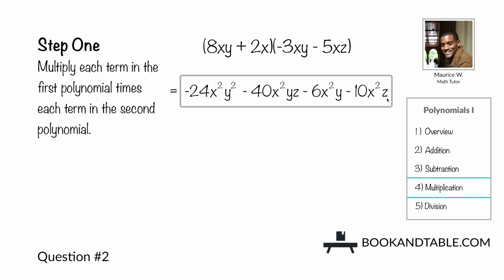And since none of these are like terms, and it's already in standard form, degree of 3, degree of 3, degree of 4, and degree of 4, then the final answer is negative 24x squared y squared minus 40x squared yz minus 6x squared y minus 10x squared z.